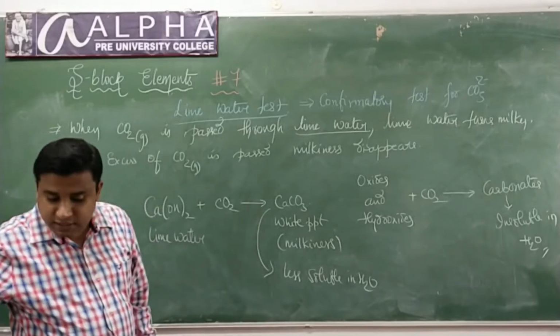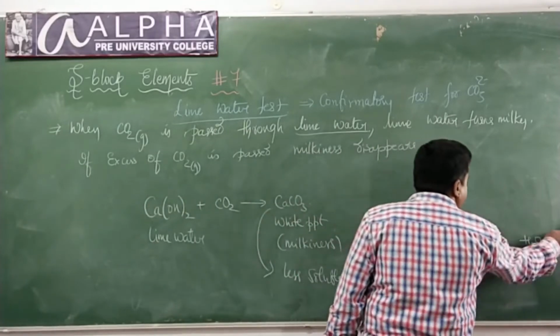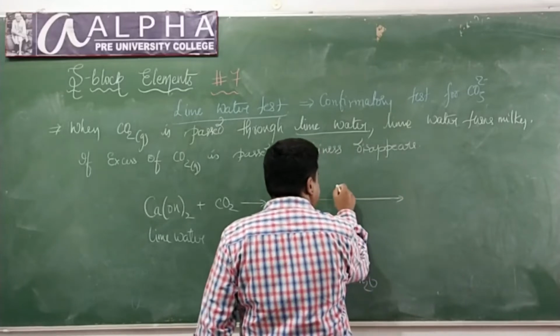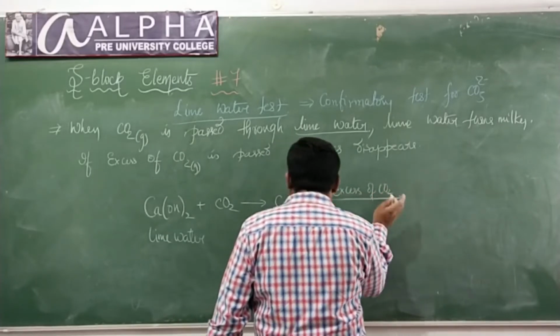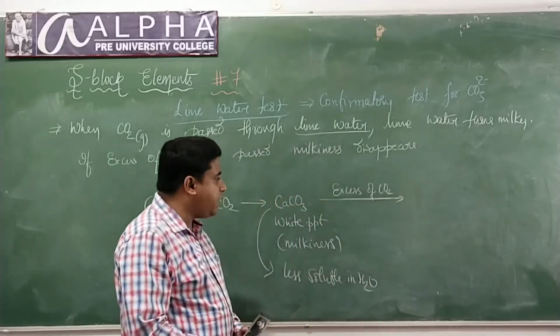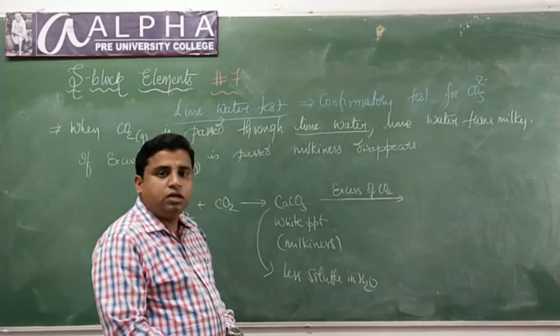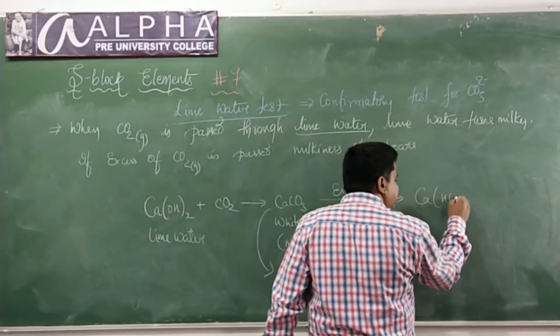Now, when excess carbon dioxide gas is passed through, what is going to happen? This calcium carbonate again combines with carbon dioxide to form calcium bicarbonate.